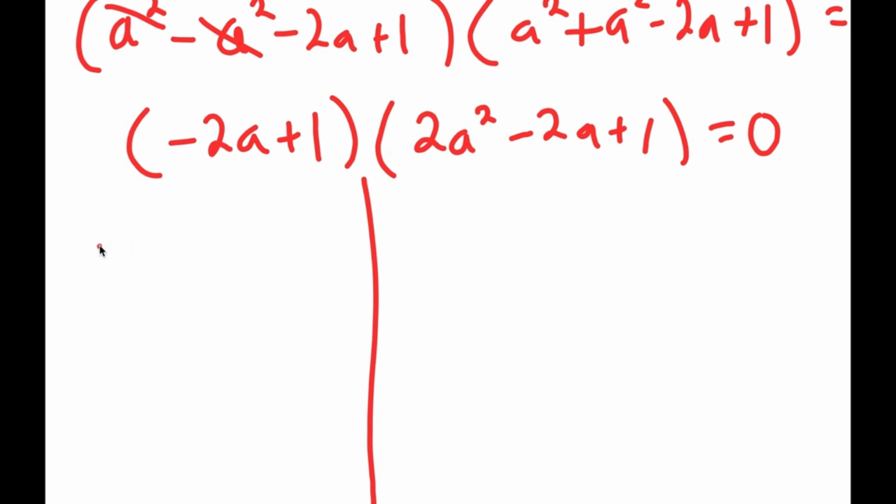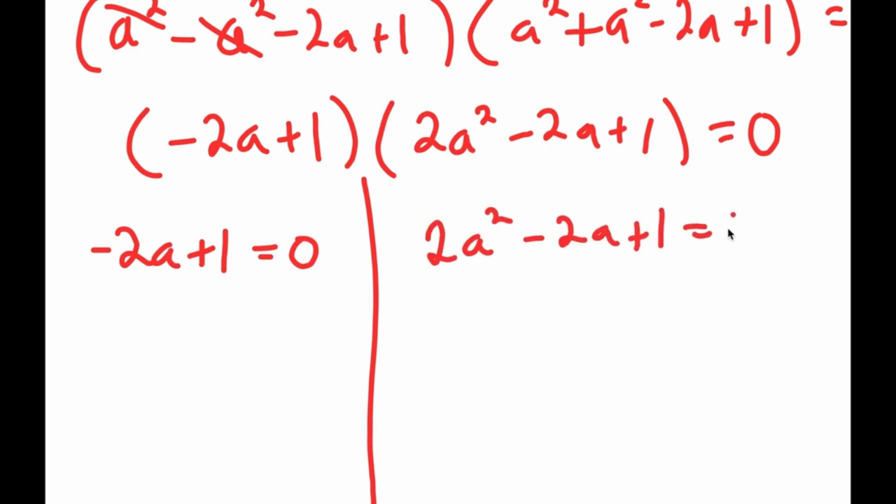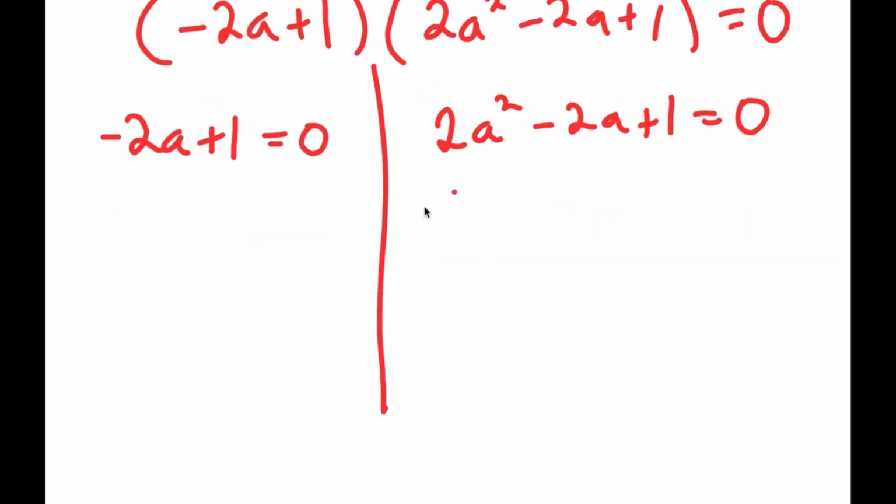So my first equation is negative 2a plus 1 is equal to 0. And my second equation is 2a squared minus 2a plus 1 is equal to 0. Because just one of these needs to equal 0 for the entire equation to be equal to 0. So now I'm going to solve each of these equations individually.